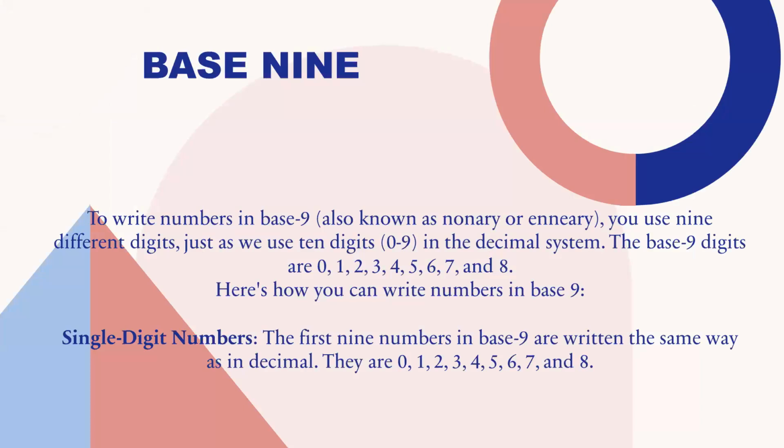Now, when it comes to base 9, the idea is that we are going to end at 1 less than 9, which is 8. Then we start all over again. The numbers go 1, 2, 3, 4, 5, 6, 7, 8. You don't go to 9. Then you start all over again: 10, 11, 12, 13, 14, 15, 16, 17, 18. You don't go to 9.